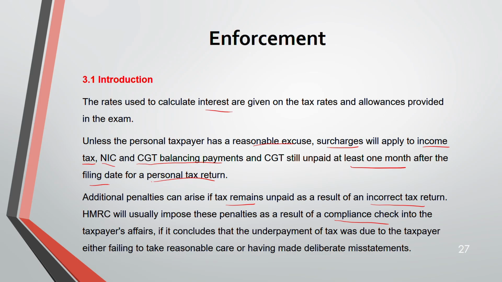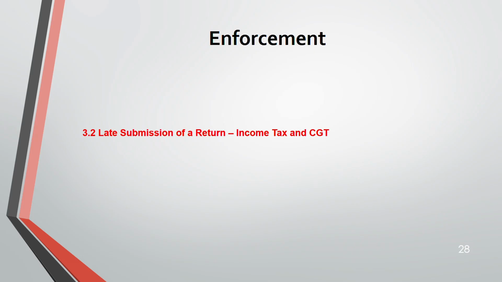And if they come to conclusion that the underpayment of tax was due to the taxpayer not taking reasonable care, or they are deliberately making that misstatement, there's a huge penalty. In fact, at the end of this lecture, there's a table, okay, with the penalty rates and all for the type of mistake.